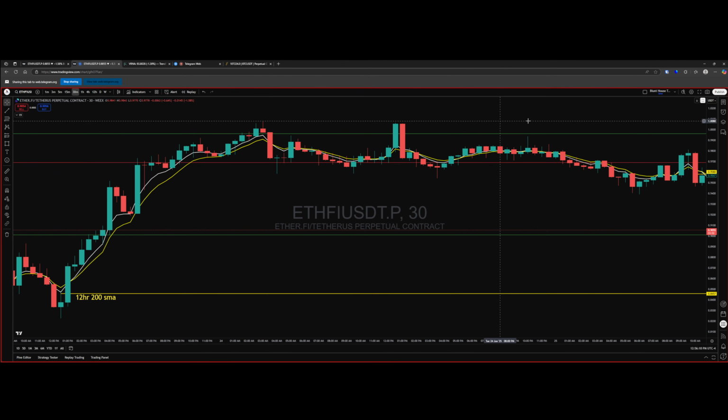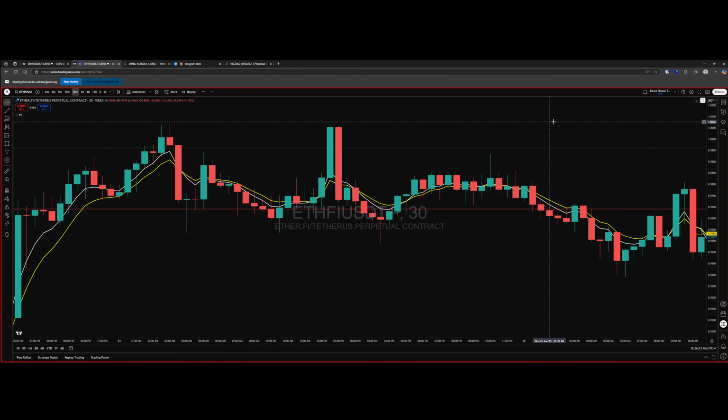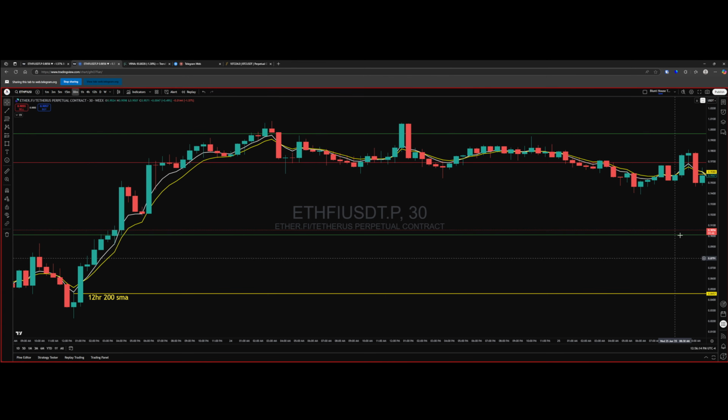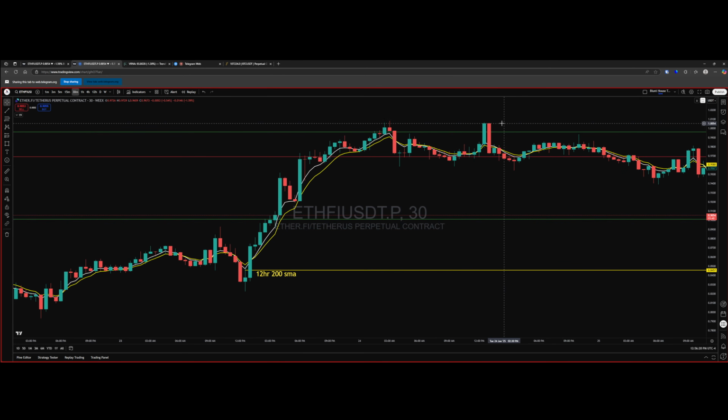And on this chart, this green line was the upper value range, lower value range, and that's the point of control on the 30-minute. So beneath the point of control and above the point of control, it will be kind of gappy for volume.